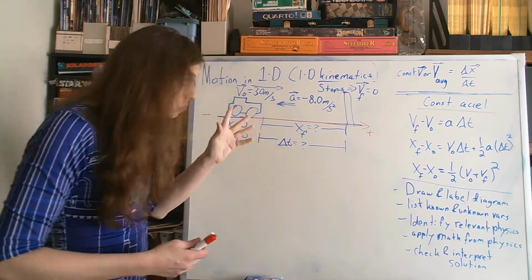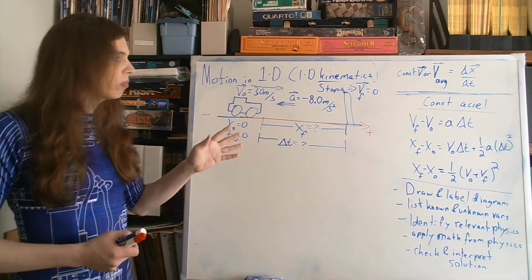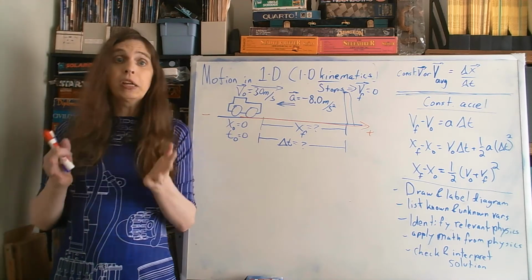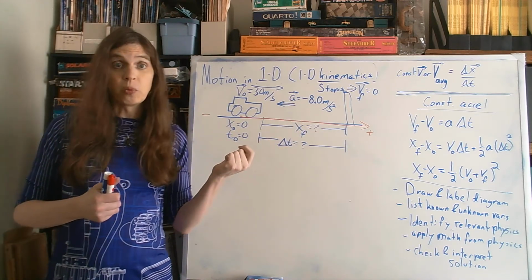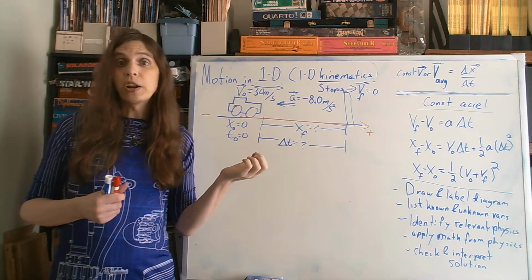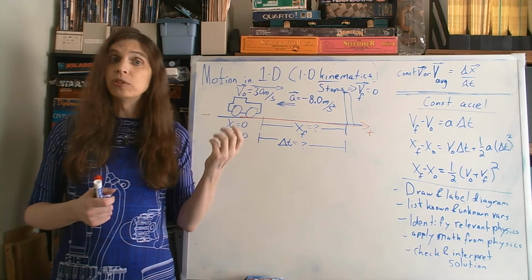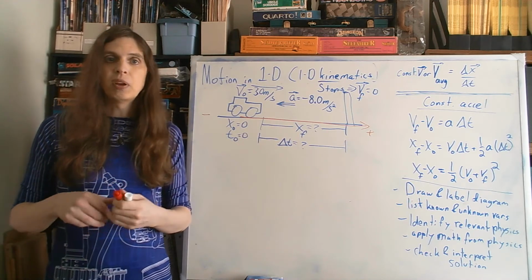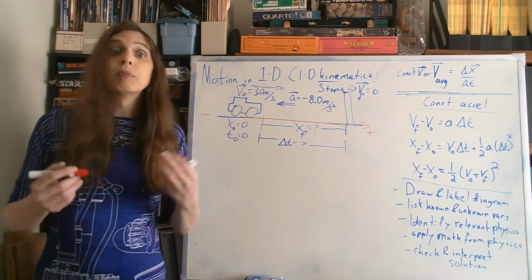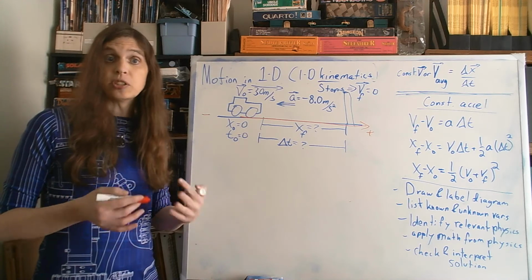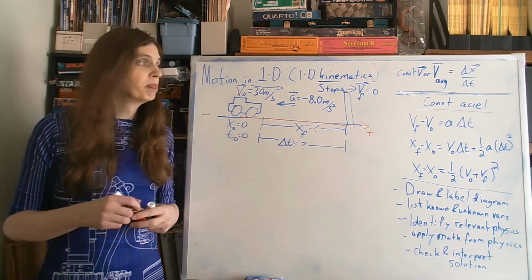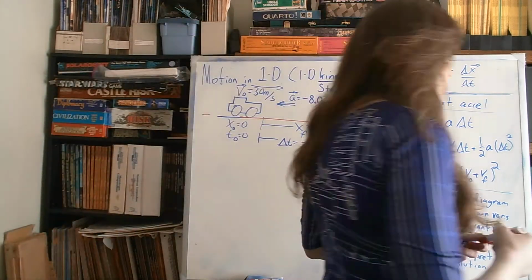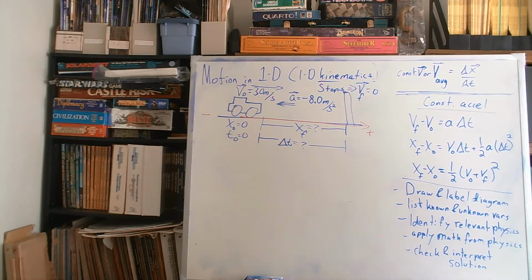So, all right. Now, you might not know which one of these ones to start with. You might have already spotted which one to start with to use to solve for x final or delta t. Let's take a look and see how we could approach this if we were less certain. So, I'll step off camera a moment here to get closer.